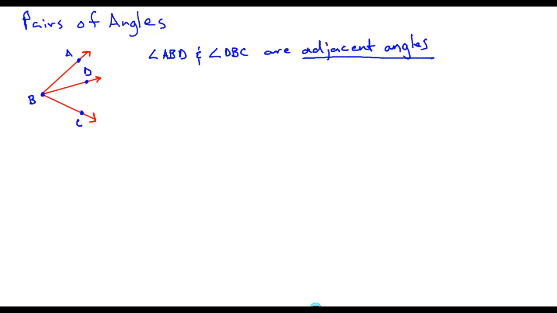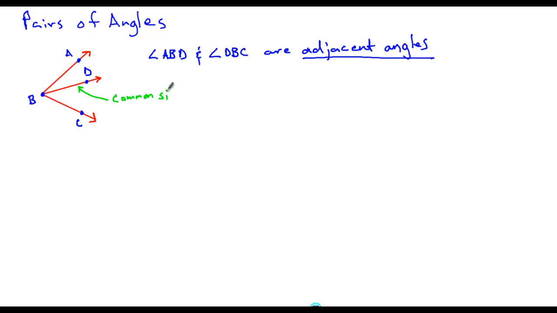Now, in my picture over here of my adjacent angles, there are a couple of things that you need to be aware of. Okay, this is a side that both angles share. So angle ABD and angle DBC both share this ray, and this is called the common side.